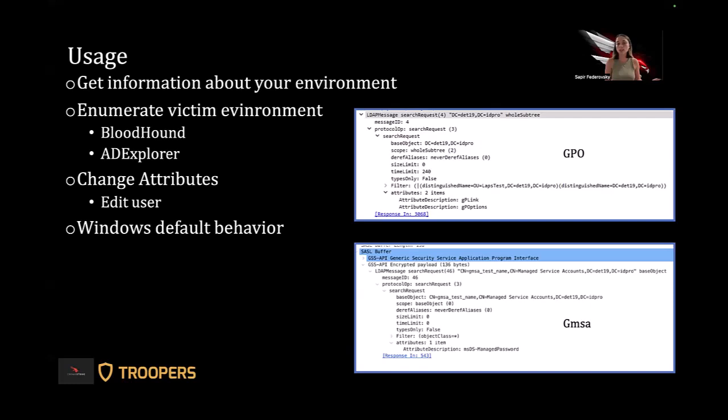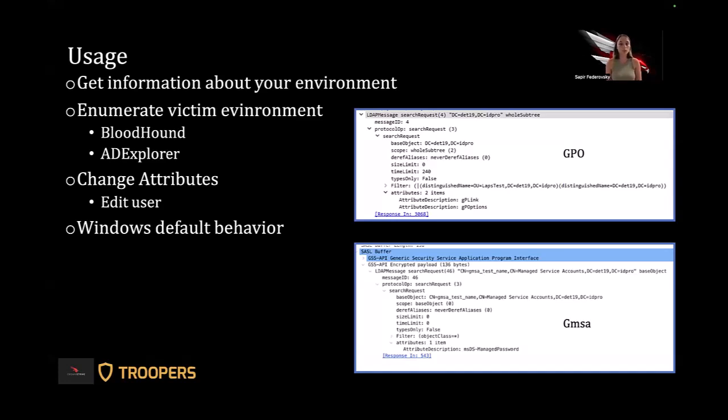Windows uses LDAP by default in many, many cases, and it's important because if you want to create good LDAP detection and avoid a lot of false positives, you should know the golden image of LDAP traffic in your environment, who uses it and why, and how you can differentiate the default behavior and the attacker's behavior, because a lot of the time they're kind of similar.